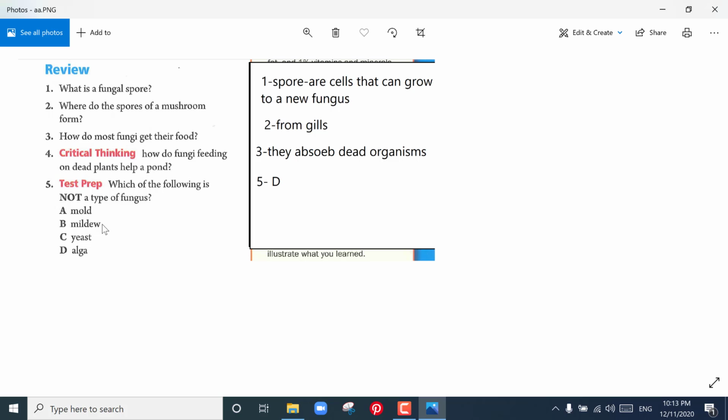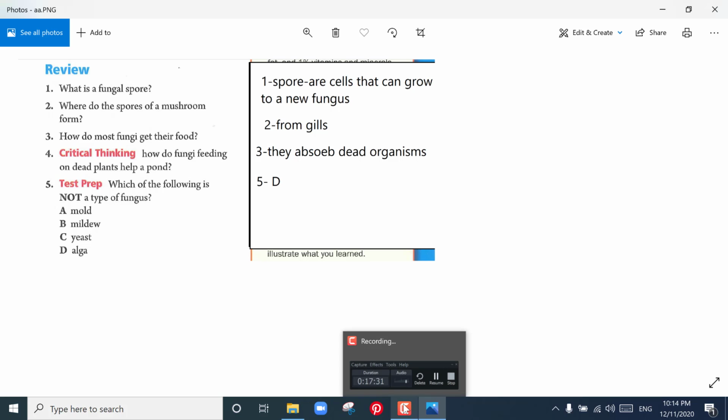And mildew is a fungus that can live on the leaves of plants. It's a type of fungus. And also yeast is a type of fungus, but algae is not. So we will choose D. Put D in a circle. And see you later.